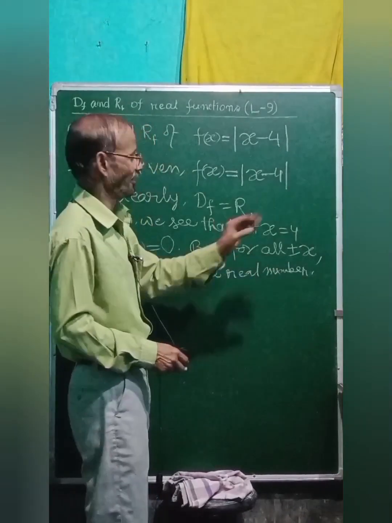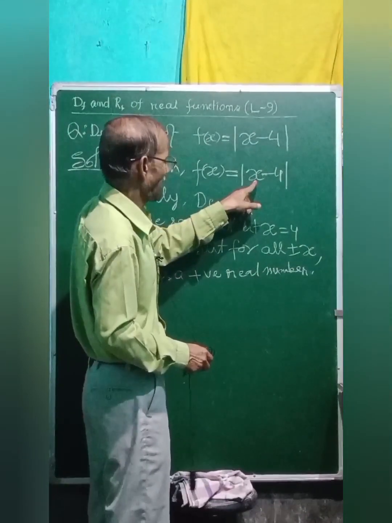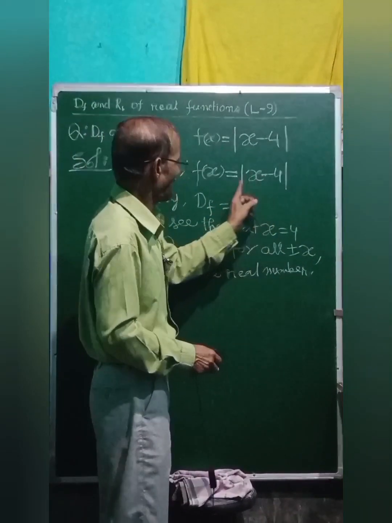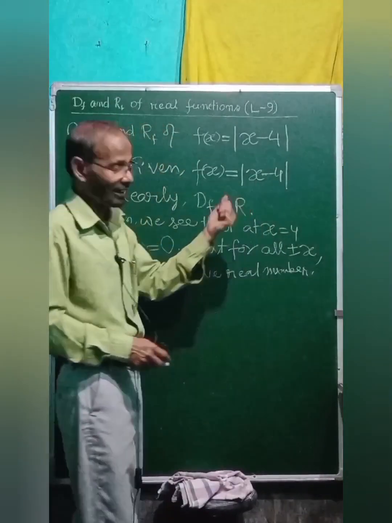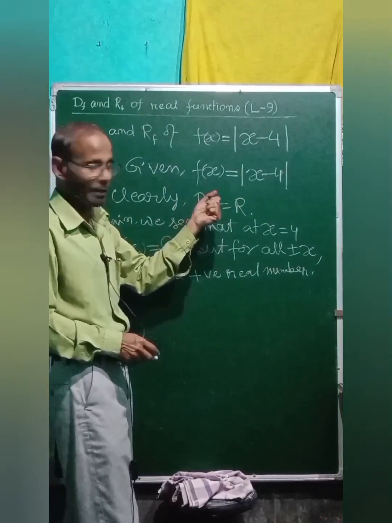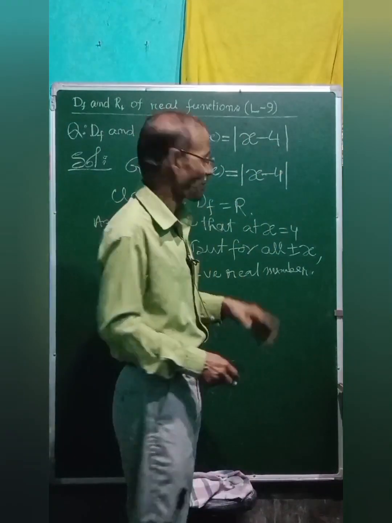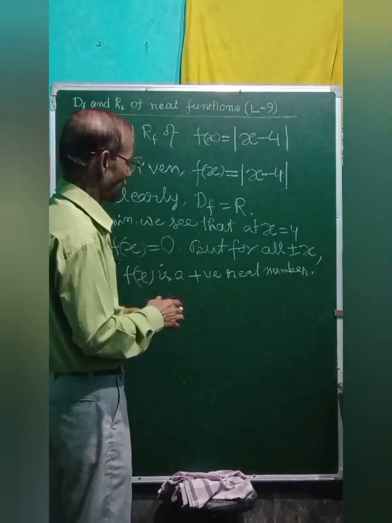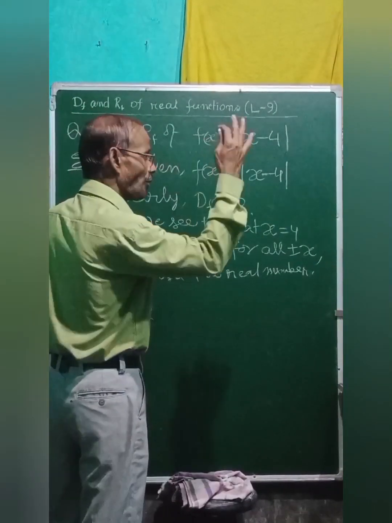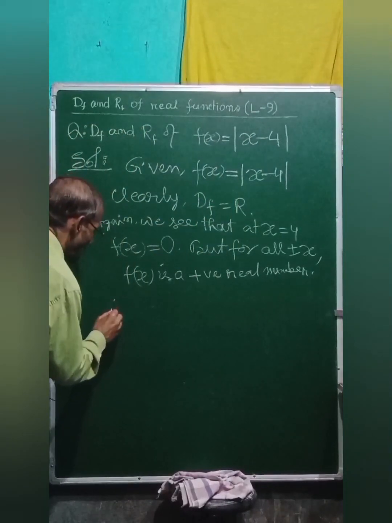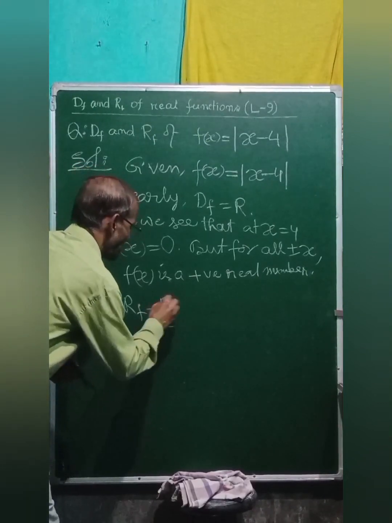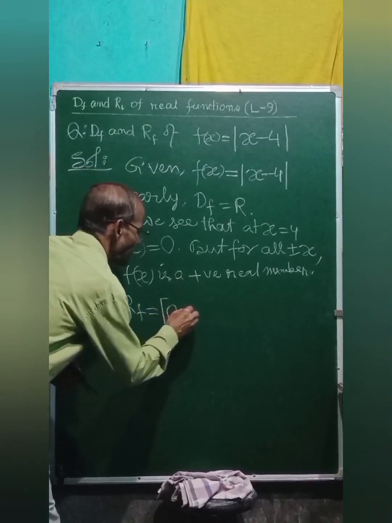For example, if you take plus 1, then 1 minus 4 equals minus 3, which becomes plus 3. Take minus 1, then minus 1 minus 4 equals minus 5, which becomes plus 5. So we understand that the range is from 0 to plus infinity. Therefore, Rf is 0 to plus infinity.